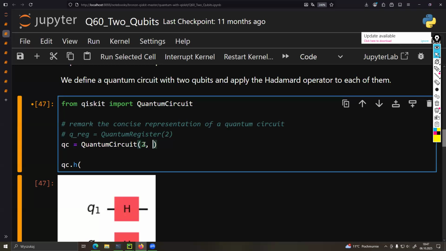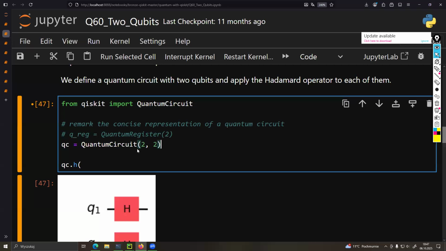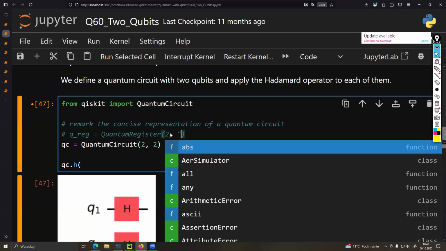If I had passed another number, which is 2, for example, this would mean that I have a classical register as well. So if you want to pass just anonymous registers, here for example I could pass the name of the qubits, right?